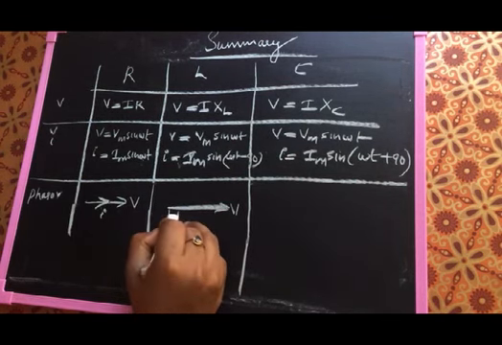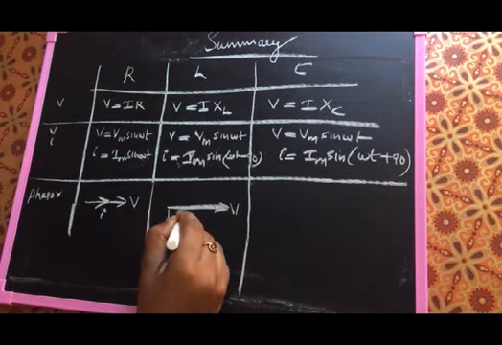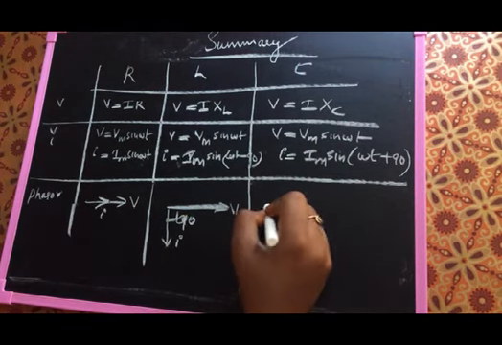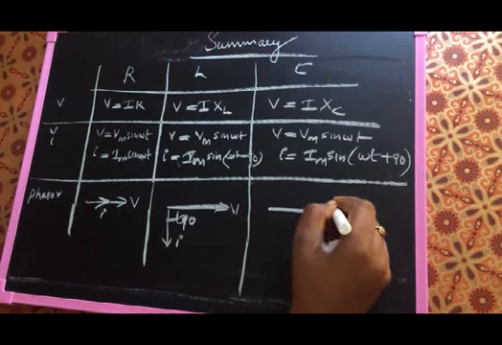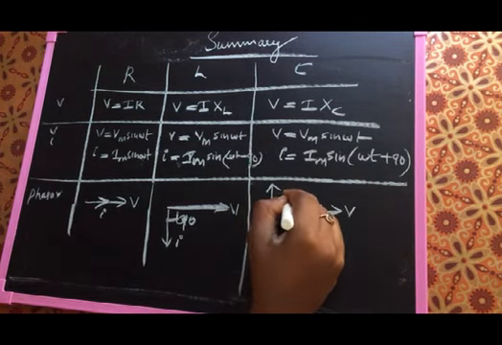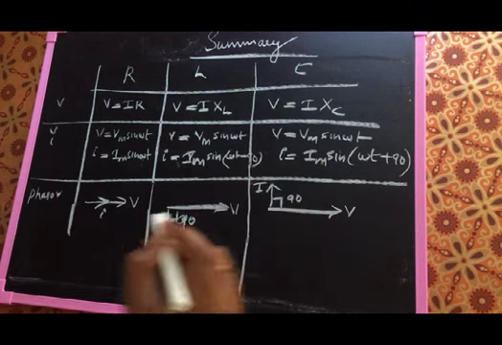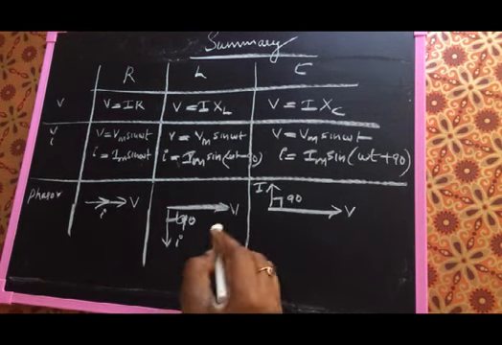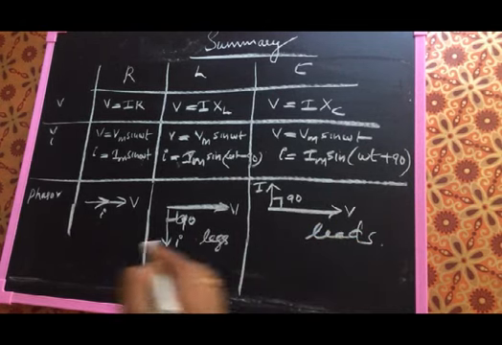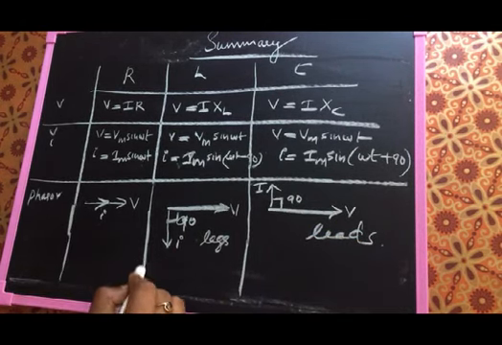Lags means backwards, that is 90 degrees, current I. And in a capacitive circuit, current leads voltage by an angle of 90 degrees. So this is in phase, this is lags, and this is leads.